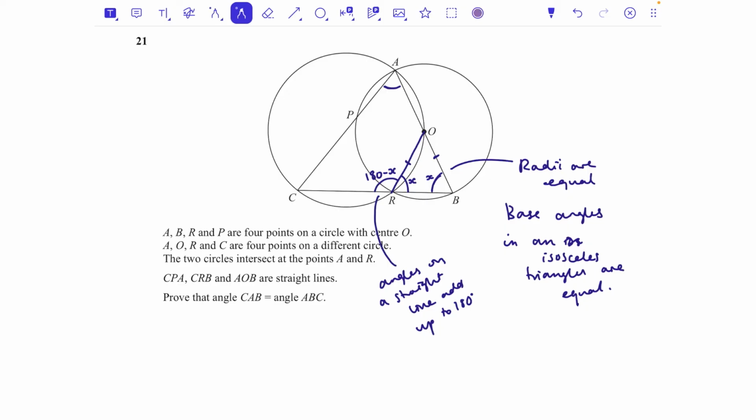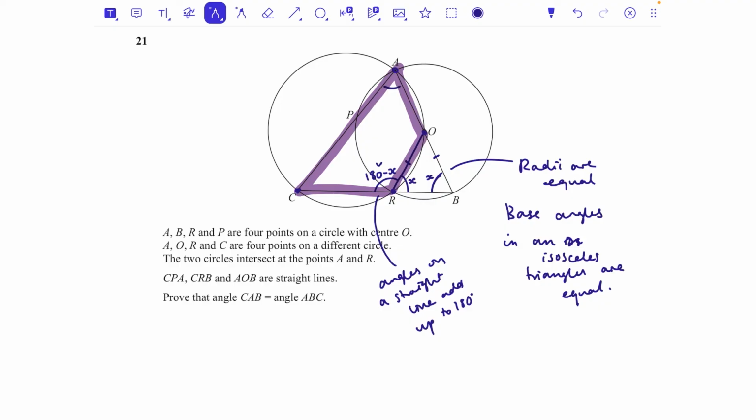Now, if you look very carefully at these four sides, 1, 2, 3, 4, because all four corners, all four vertices are on the edge of that circle on the left, or on the circumference of that circle, that is a cyclic quadrilateral. A cyclic quadrilateral is when you have a quadrilateral and all 4 points are on the edge of the circle, and when that happens, opposite angles in the cyclic quadrilateral add up to make 180.